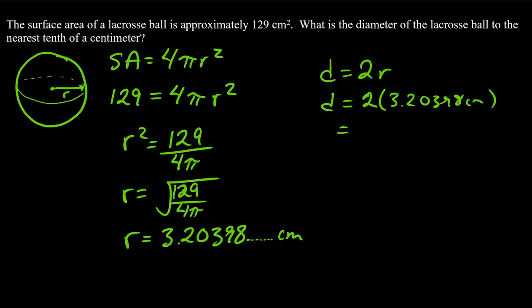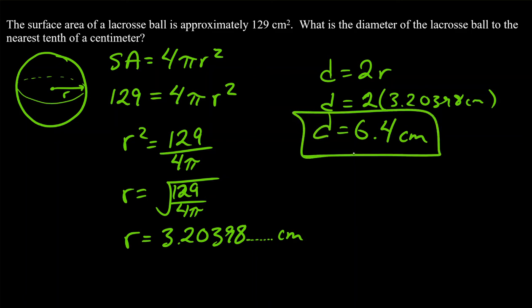I'll take that previous answer and multiply it by 2, and I'm going to get 6.4 centimeters. Perfect. So the diameter of this lacrosse ball is 6.4 centimeters. That is all the way from one side to the other, 6.4 centimeters.